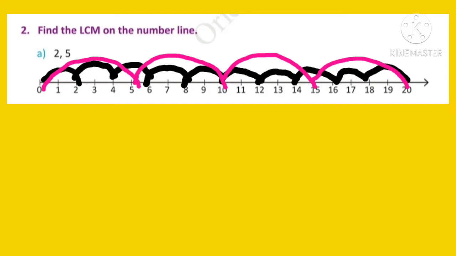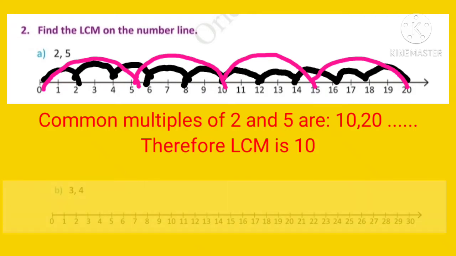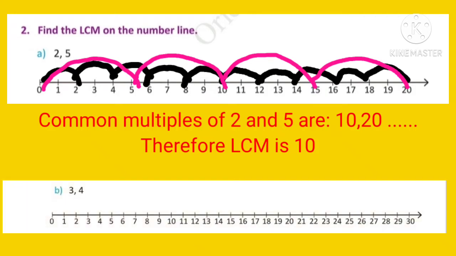Here you can observe that the numbers where the jumps of 2 and 5 meet are the common multiples of 2 and 5. Therefore, the common multiples of 2 and 5 are 10, 20 and so on. Therefore, LCM of 2 and 5 is 10.